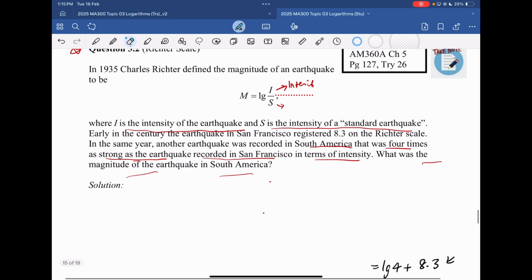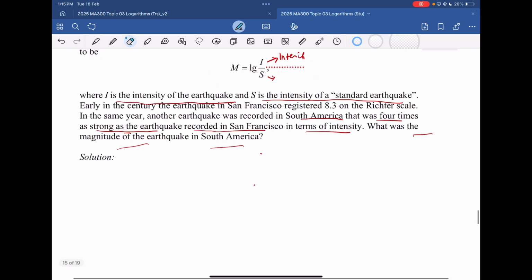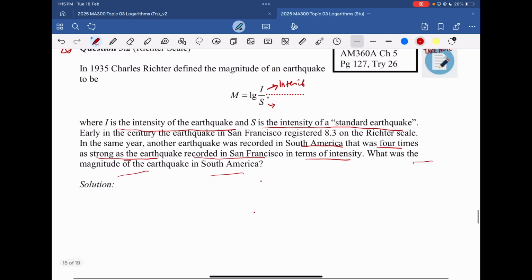You need to read carefully. The magnitude of the earthquake is exponential, it's logarithmic. Now you look at the first one. This 8.3 represents which letter? M. On the Richter scale, we use M for magnitude.